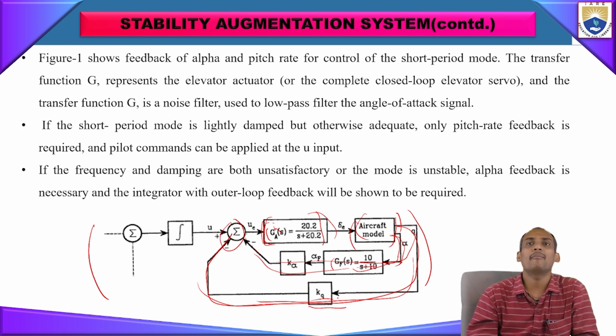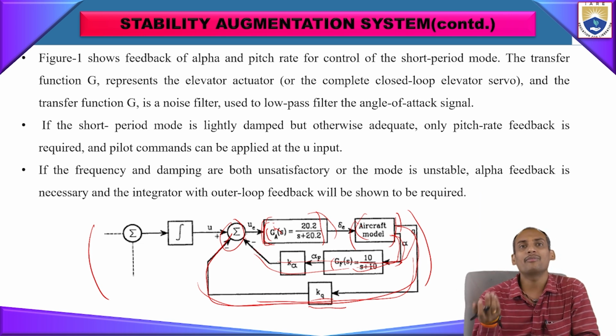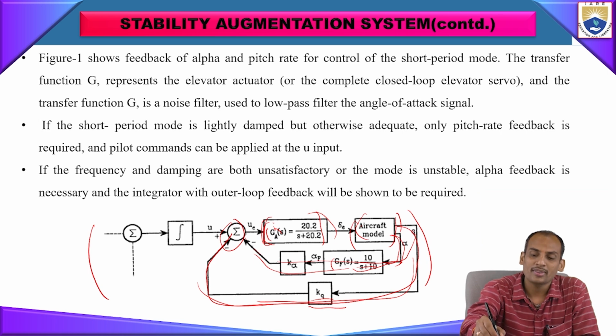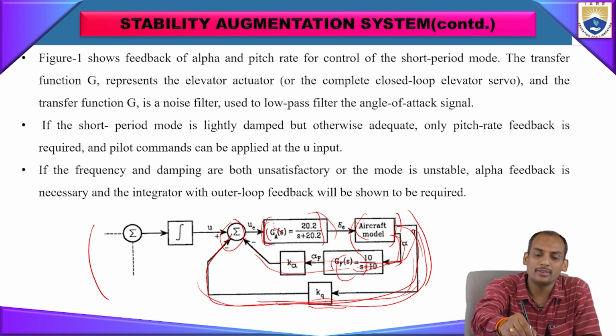If frequency and damping are both unsatisfactory, that means the mode is more unstable, so alpha feedback is necessary, and the integrator outer loop feedback will be compensated accordingly. If only the pitch rate feedback system is required, this will be nullified, and the control signal will depend on this feedback system only.